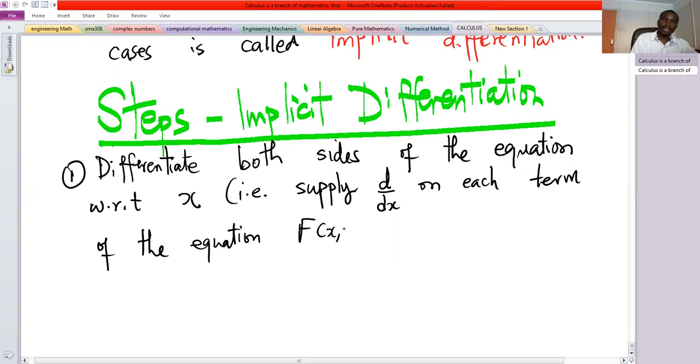So you want to assume that the implicit relationship is a function of 2 variables, x and y. But anyway, even if there are 3 variables, it will still work. So that's step 1.